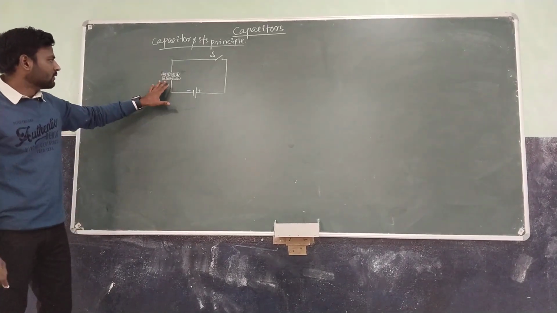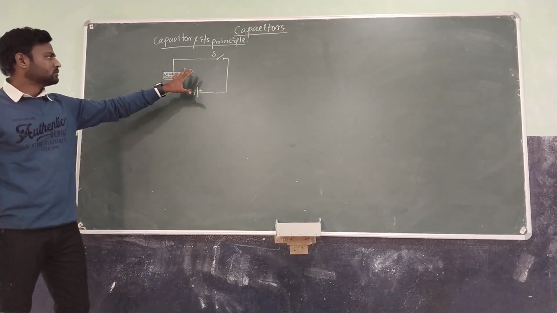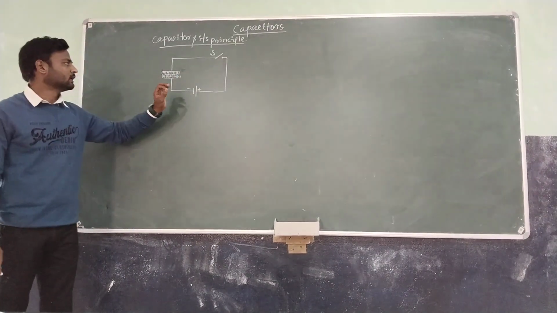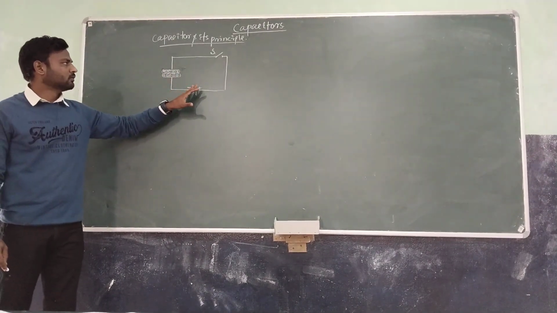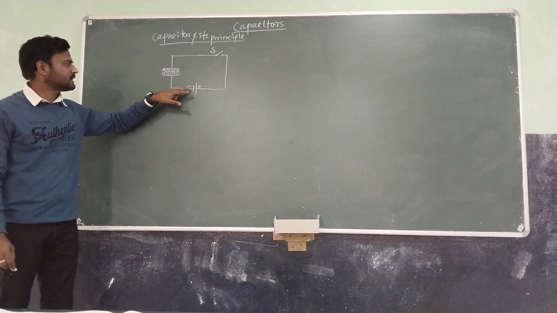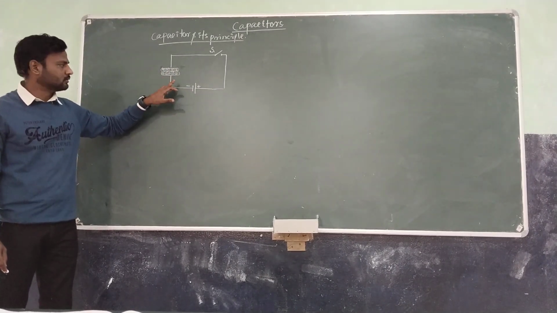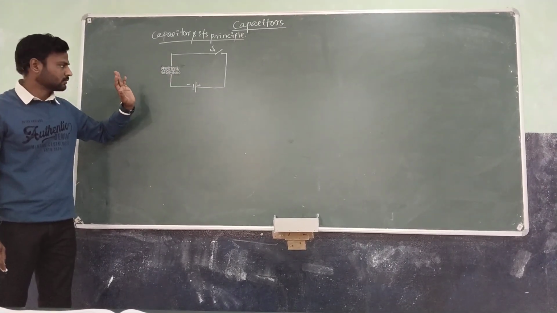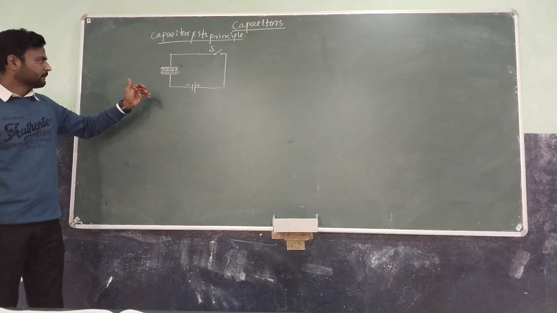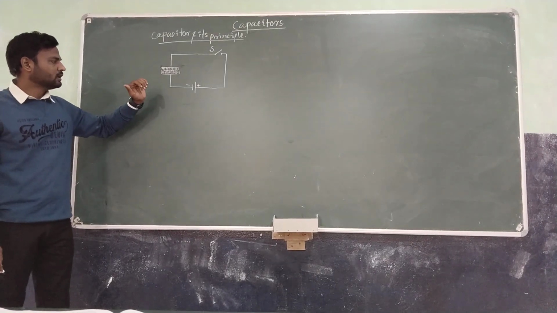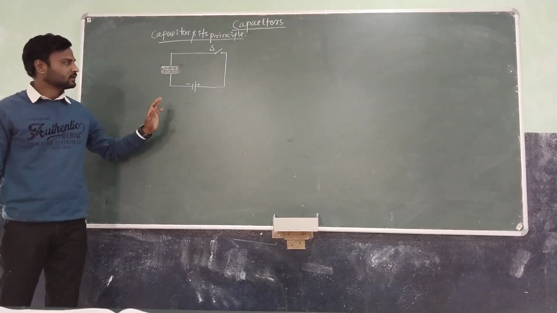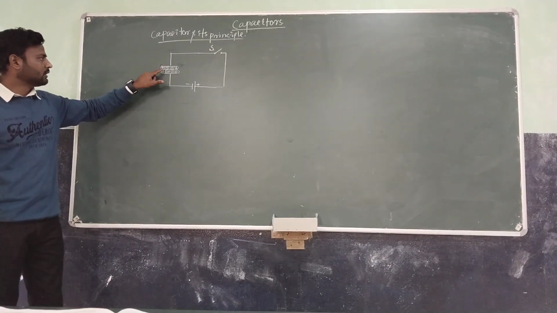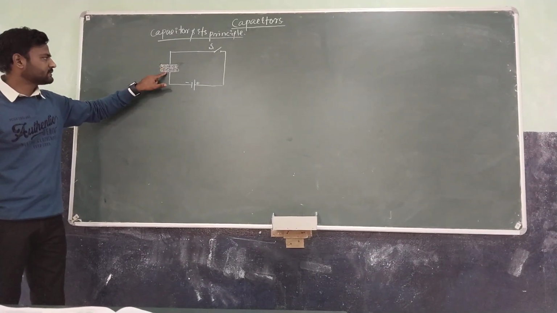Okay, so whenever the circuit is switched on, the capacitor gets the positive charge on this side and the negative charge on this side. So the capacitor becomes charged, because there is a positive side and a negative side.